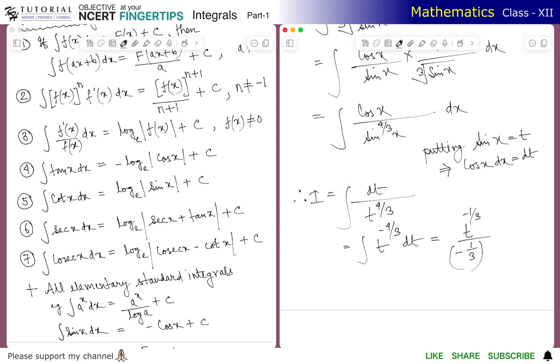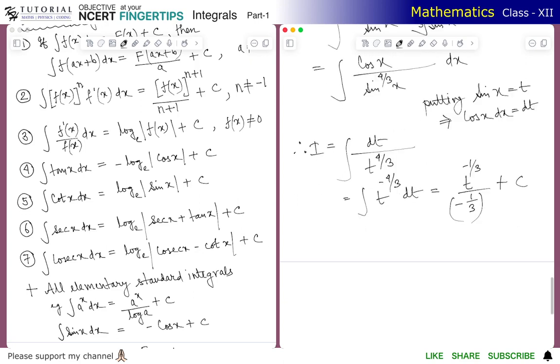So now this is minus 3 times the cube root of t plus c.